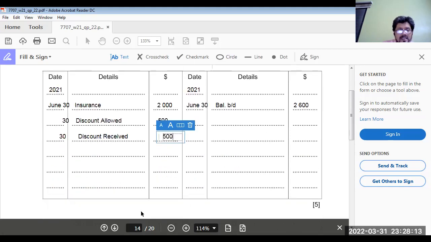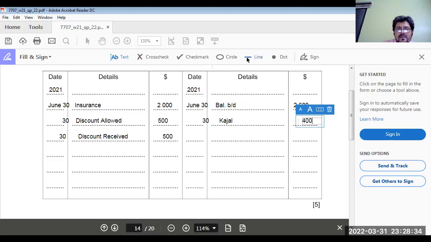Now next, we have to credit suspense account by 400 for Kajal. So what we do, 30, and we have to credit suspense account for Kajal, that is 400.